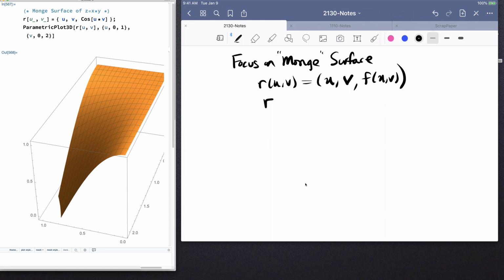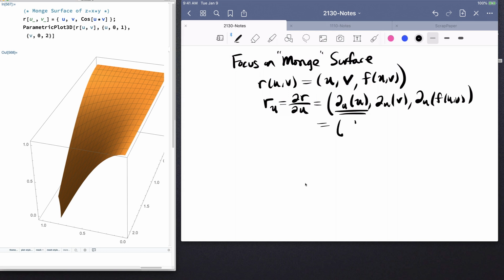If we take the partial derivative of this function with respect to u, what that means is that we take the derivative of each entry of the vector with respect to u. So we would see here that the partial derivative of u with respect to u is 1, the partial derivative of v with respect to u is 0, and the partial of the function with respect to u is f subscript u.